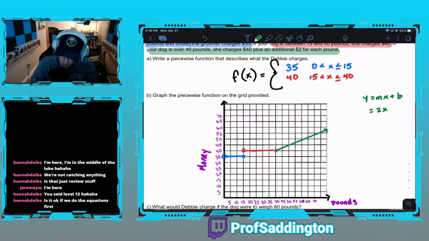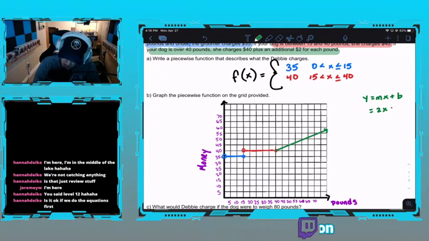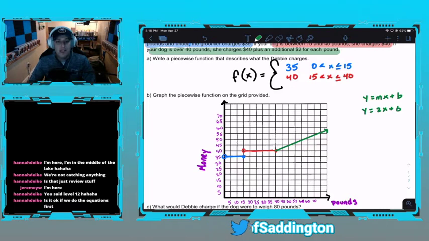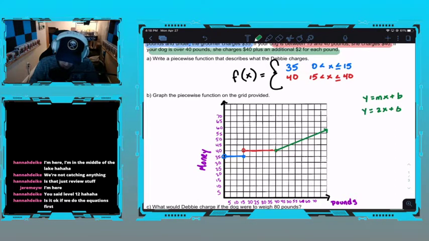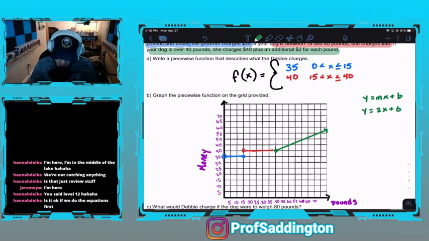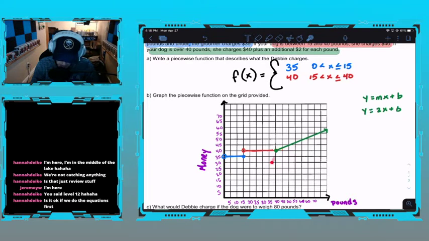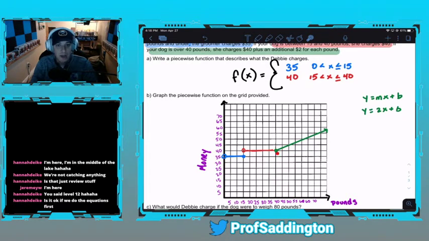The b value is what we don't know. So because we don't know the b value, the only way we can find this equation is by picking an x and y that falls on that line. Well, we already have a point that falls on that line, and it's the point that we connected to that red line right there. That line was at $40 for 40 pounds. So we can plug in 40 for the x and y and figure out what that y-intercept is to plug in for that final equation.